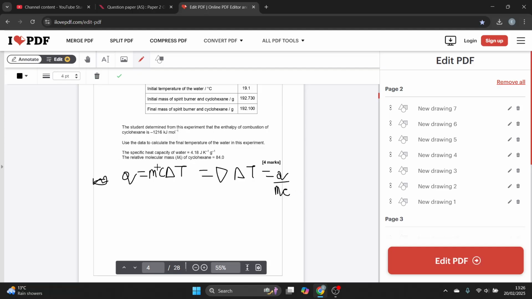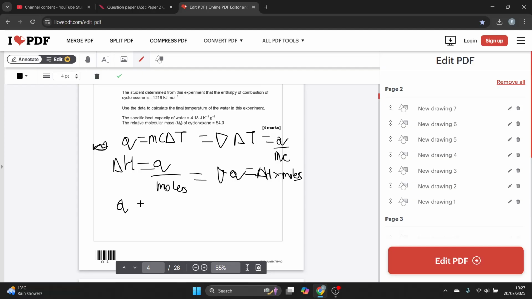But the thing is, I can't find Q without delta H. So I'm going to use delta H equals Q over moles. It's another equation you have to memorize. And therefore Q equals delta H times by number of moles.